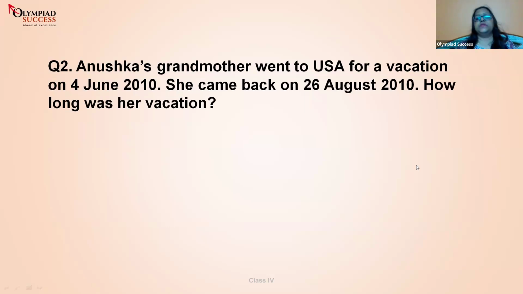You have to tell me for how many days Anushka's grandmother stayed in the US. So how are you going to calculate? Any idea?